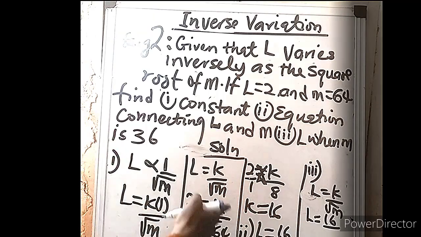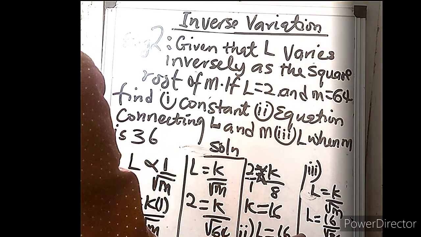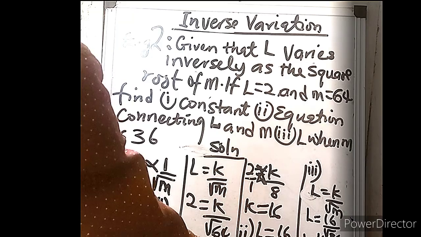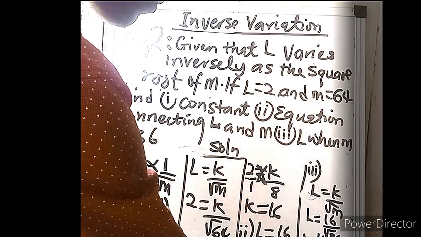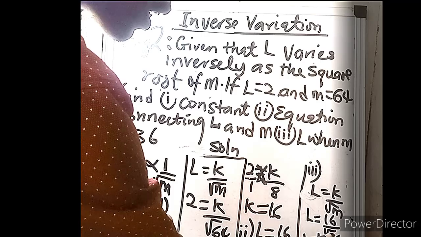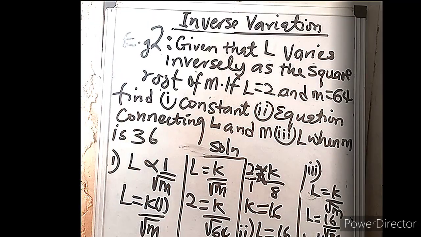Then square root of 36. At the end of the day, L is equal to 16 over the square root of 36, which is 6. 2 here is 3, 2 here is what? 8. So our answer is 8 over 3. Take note, the answer there is 8 over 3.